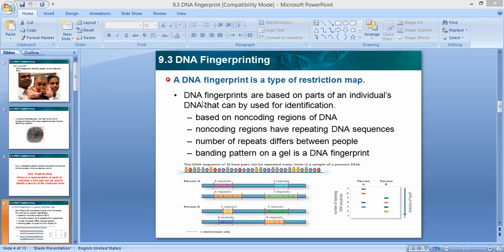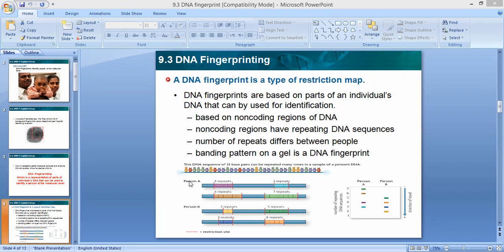So, DNA fingerprint is based on parts of DNA which are non-coding regions. The non-coding regions may be the same between several people. What differs is not the non-coding regions itself, but the repeats of the non-coding regions, the DNA sequences.